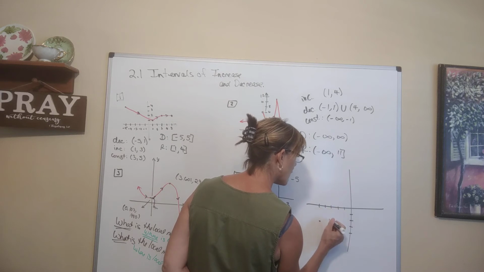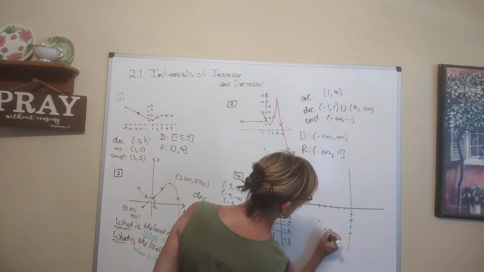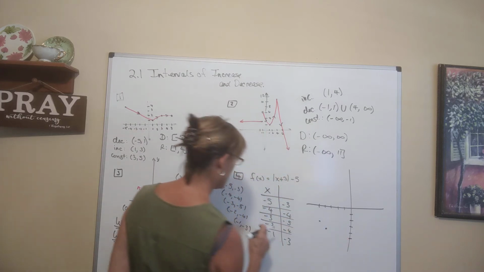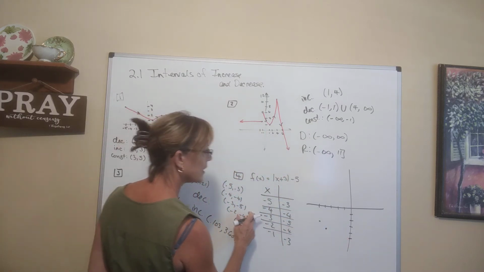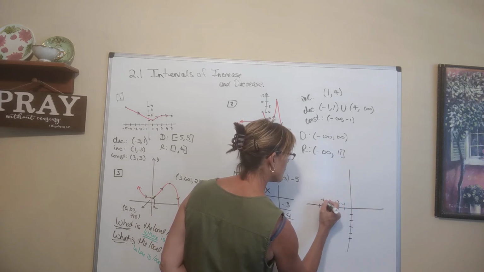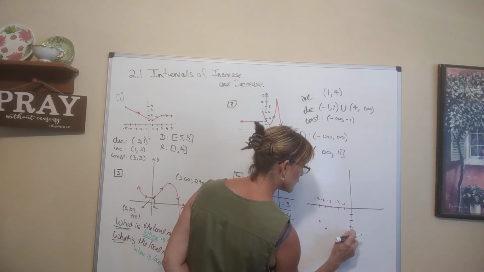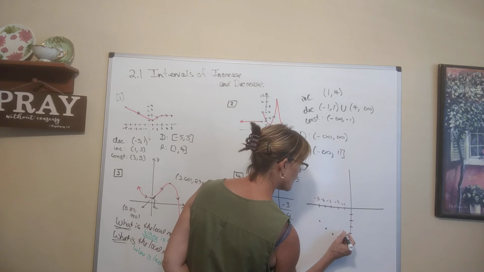At -4, I'm going to be down here at -4, a little bit lower. At -3, I'm down at -5. At -2, I'm up at -4. And at -1, I'm up at -3.